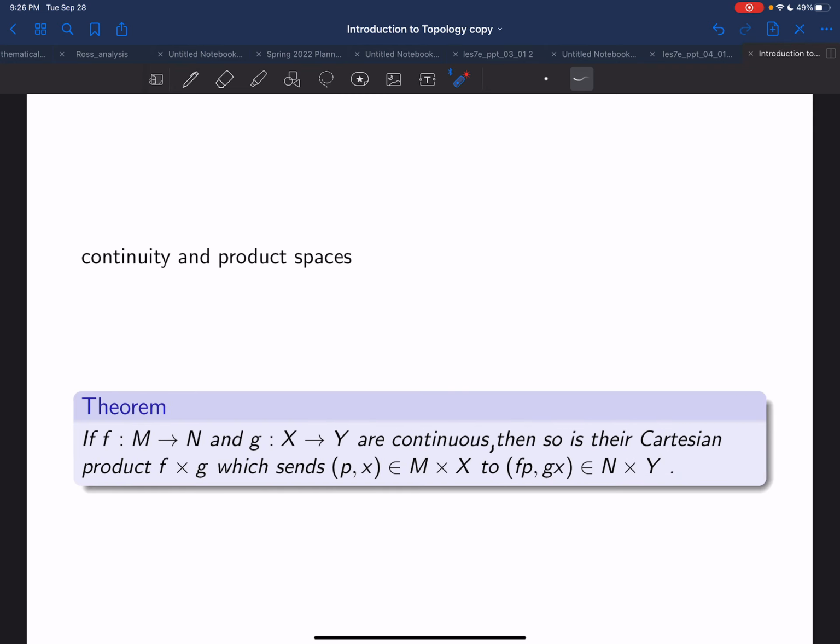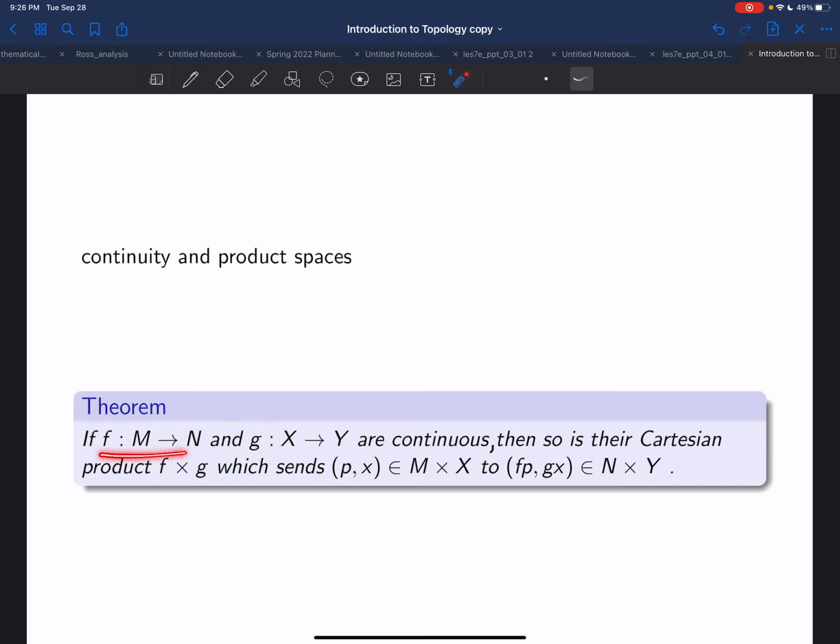Okay, the last thing I want to talk about here is how continuity plays with product spaces. So the setup is that we have 2 continuous functions. We've got 4 metric spaces, and we look at the cross product, if you will, of our continuous functions.